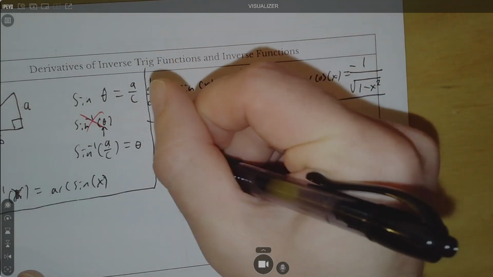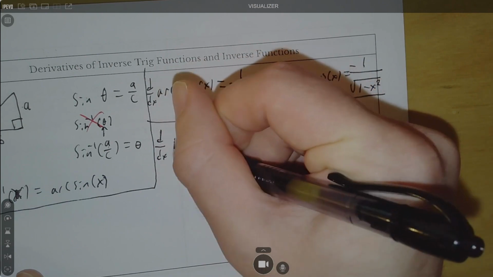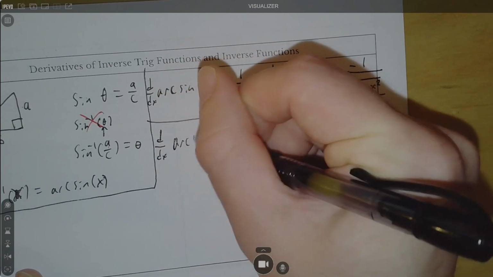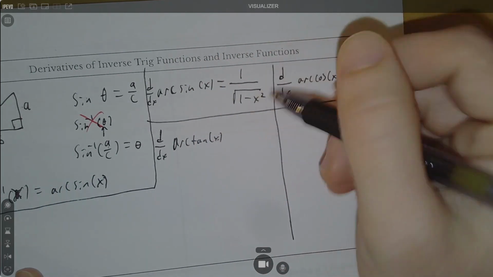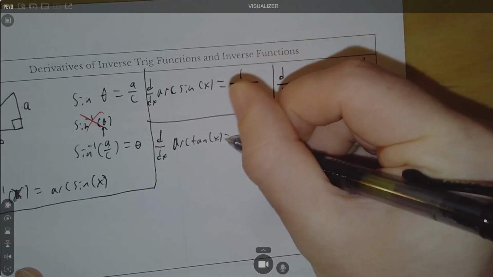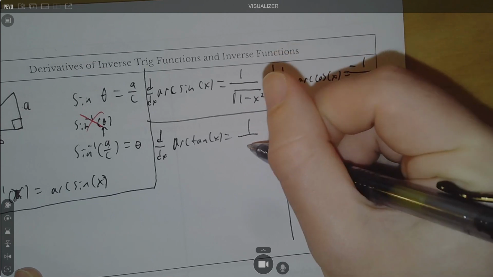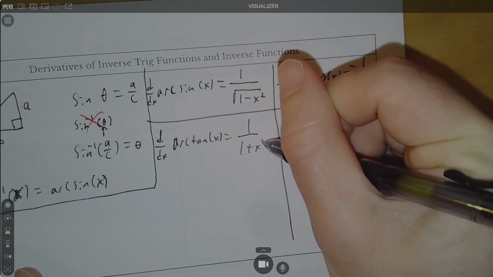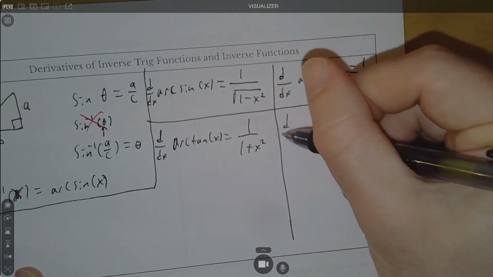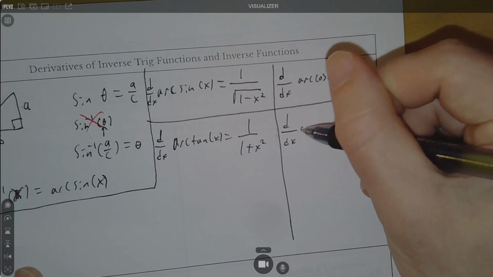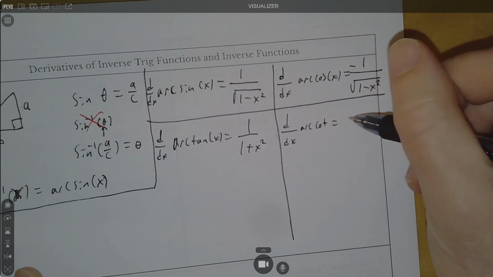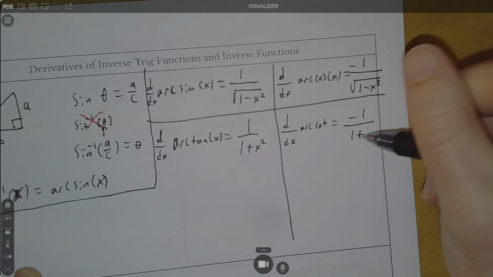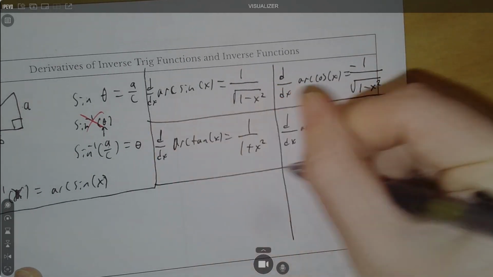Then we've got the derivative of arctangent, which is 1 over 1 plus x squared. And then you have the derivative of arc cotangent, which is negative 1 over 1 plus x squared. Noticing a little pattern here?